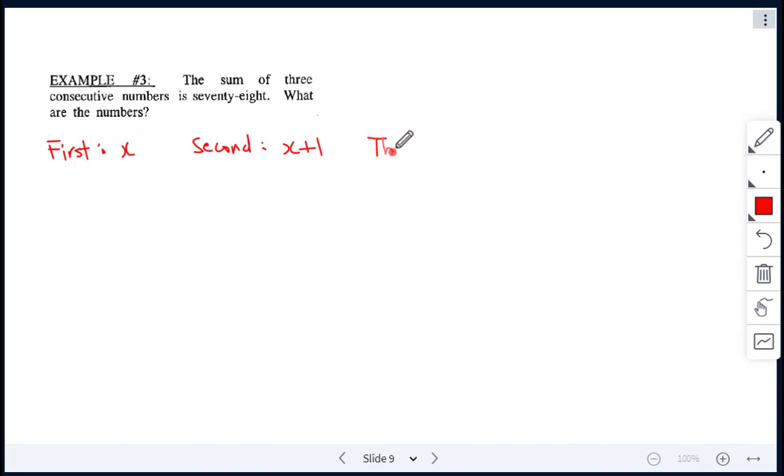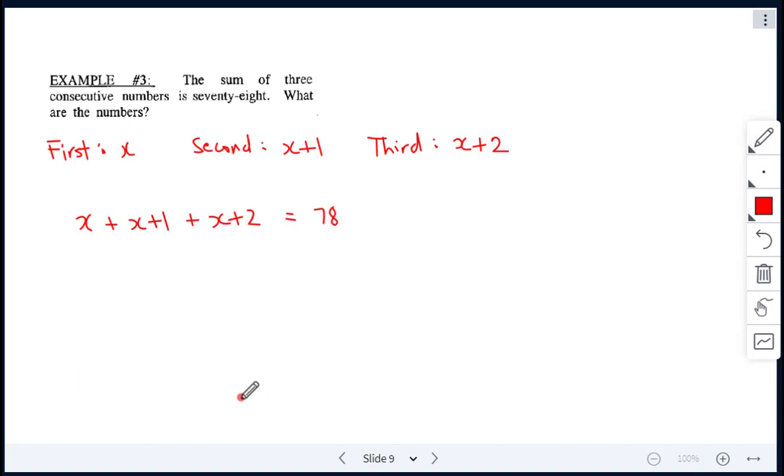And then the third number is going to be x plus 2. All right, and we know the sum of them. So once we add all three, the sum is 78. So that means x plus x plus 1 plus x plus 2 is equal to 78.